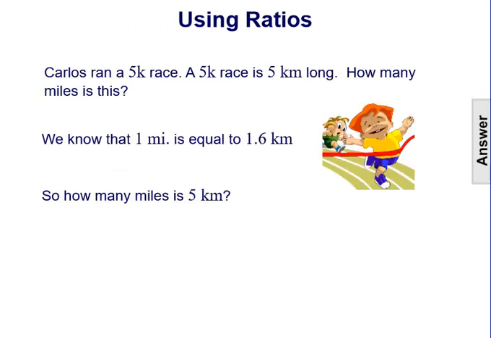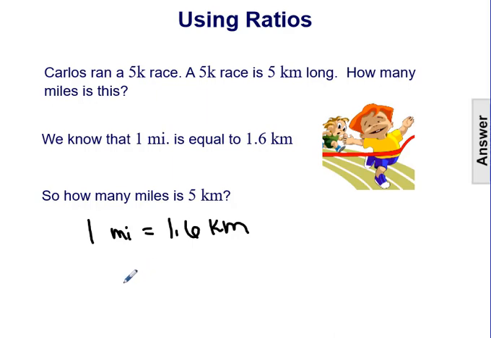We can also ask questions like this, where Carlos ran a 5K race. A 5K race is 5 kilometers long. How many miles is this? We know that 1 mile is equal to 1.6 kilometers. So we have to ask ourselves, how many miles is 5 kilometers?